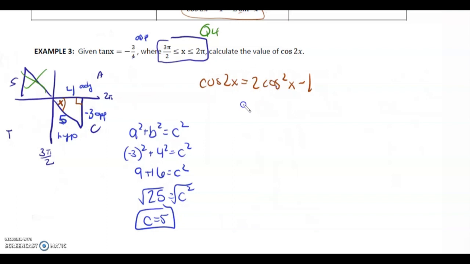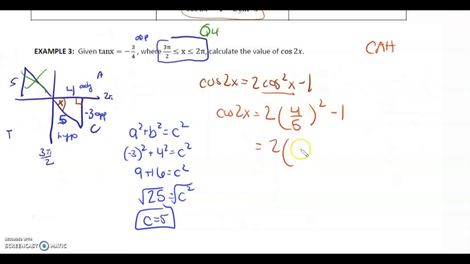Cos of 2x is going to be 2, the ratio squared, and then minus 1. So adjacent is 4/5, 5 being the hypotenuse.